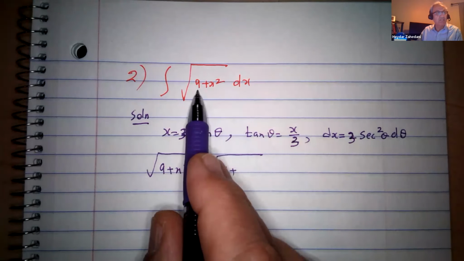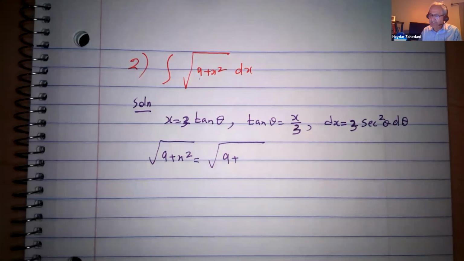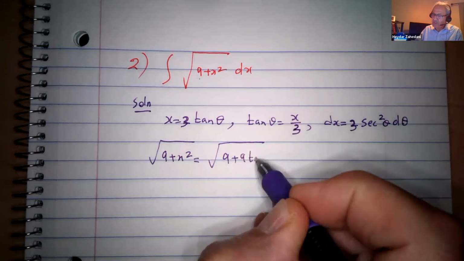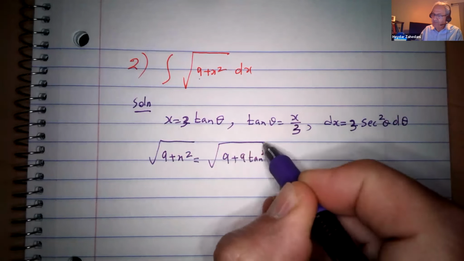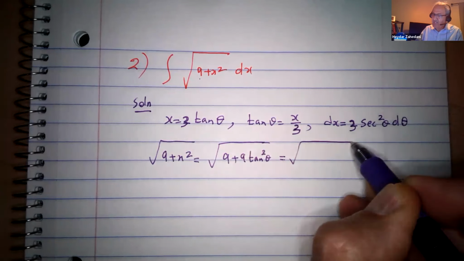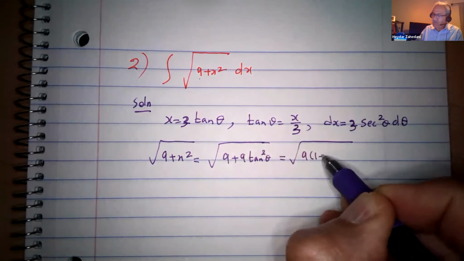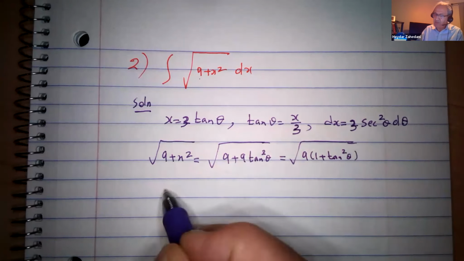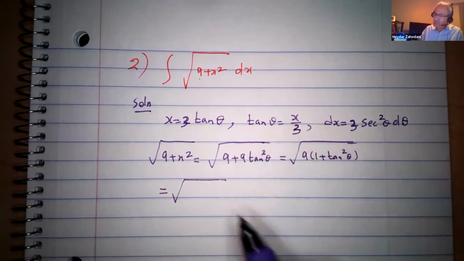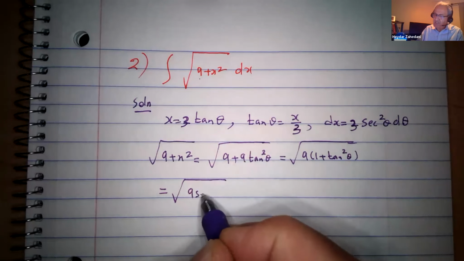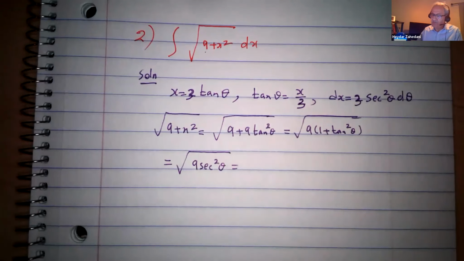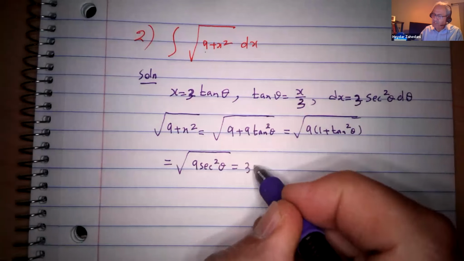You see, a squared is 9, so a must be 3, because otherwise you cannot factor it here. So x squared would be 9 tan squared theta. So that gives you 9 times 1 plus tan squared theta. 1 plus tan squared would be secant squared. So that gives you 9 secant squared theta. As we talked about, the secant is positive. So the result would be 3 secant theta.